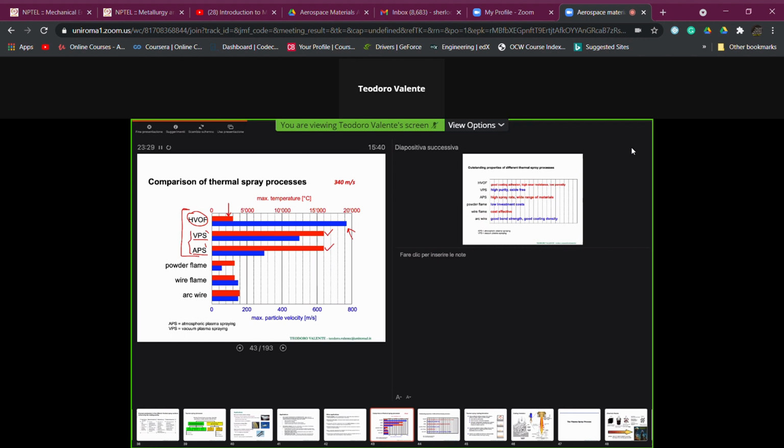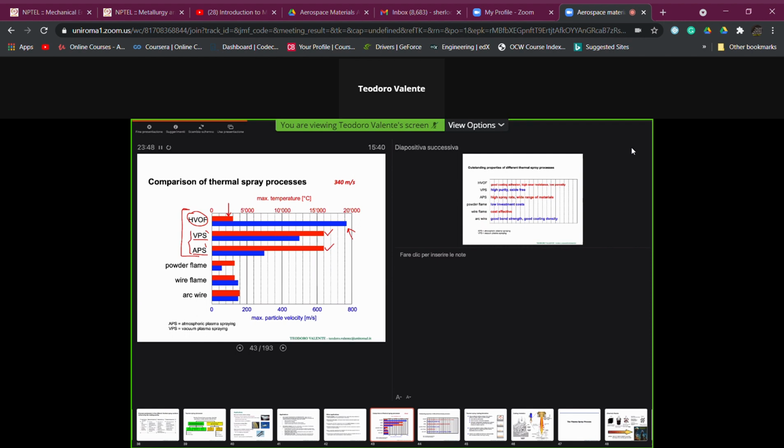Instead, if you remember, when we use plasma spray, and especially in this example air plasma spray to fabricate the top coat, we have a residual porosity of something around 8, 10, 5 percent, depending, but not 0.